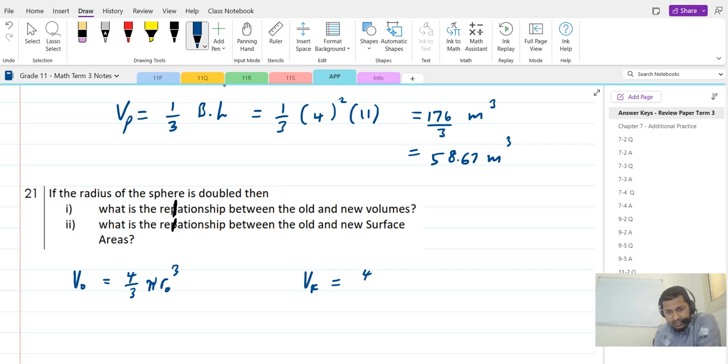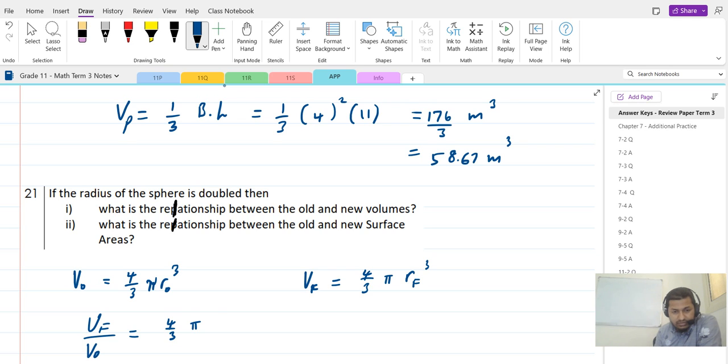So 4 over 3 pi R final cubed. If you take the final volume divided by the initial volume, what's the final volume? It is double.